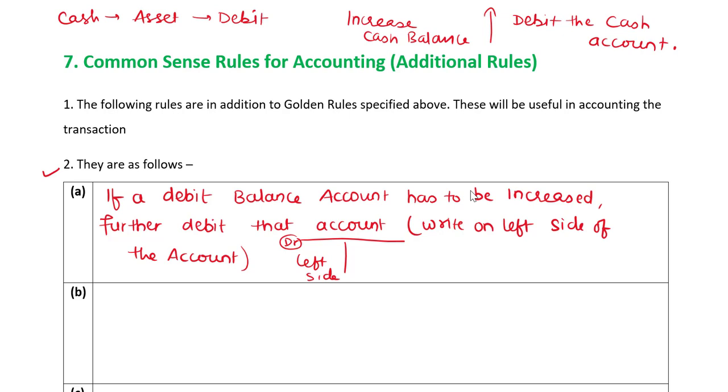Let's see the next part. If a debit balance account has to be decreased, in that case, what we need to do? All of you, think of it. Then credit that account. It's quite simple. We should credit that account.